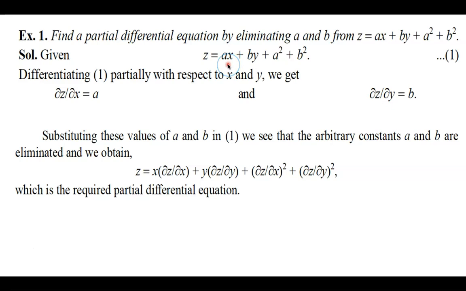Thus we can replace a in the given relation by dou z by dou x, and b can be replaced with dou z by dou y. Then we will be getting this partial differential equation which is independent of all those arbitrary constants. This is the required PDE.